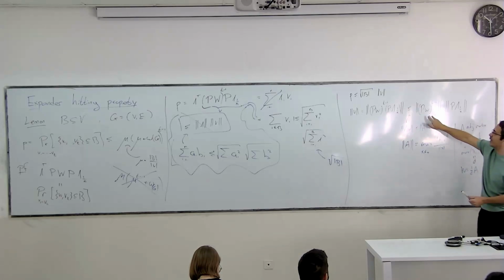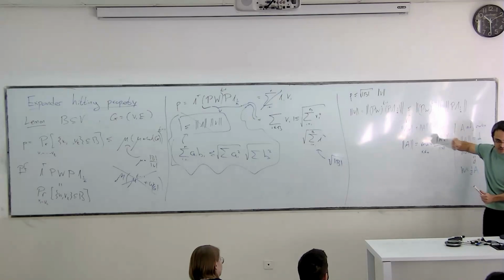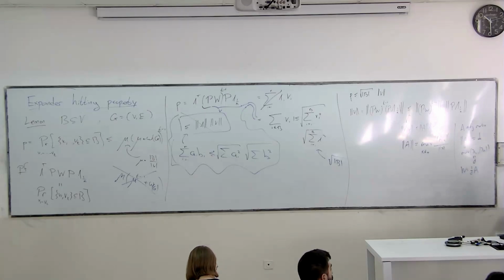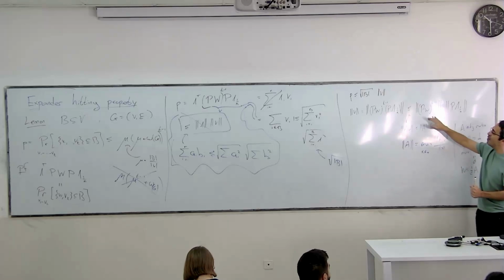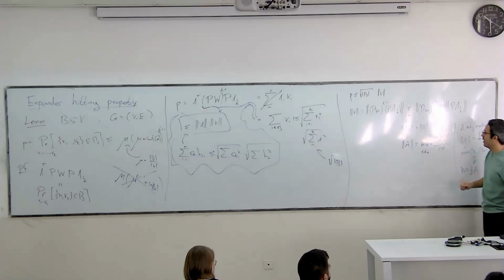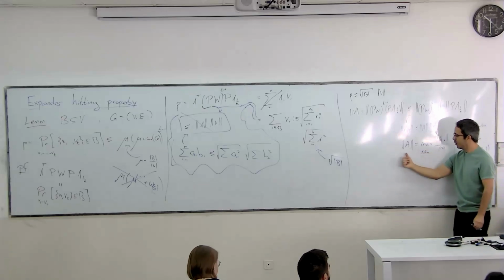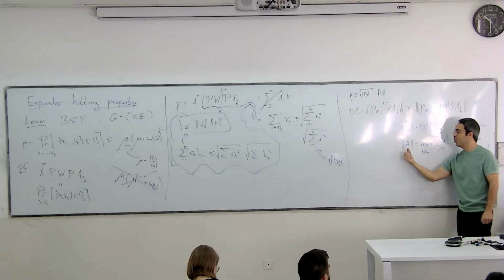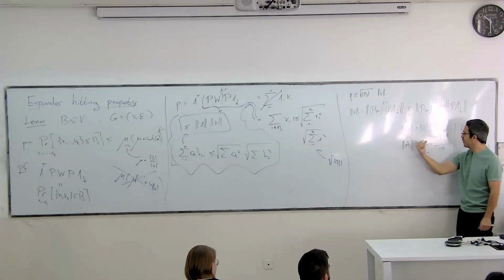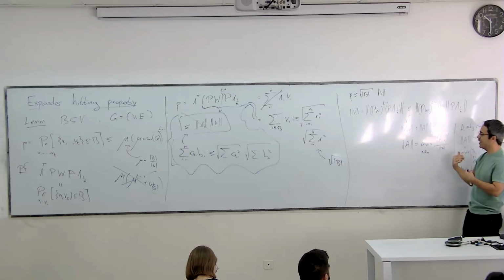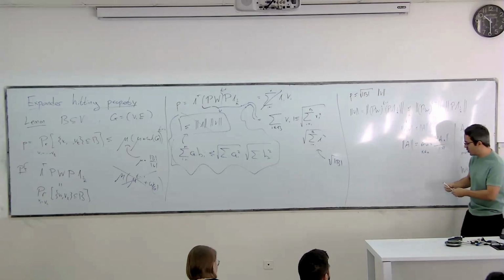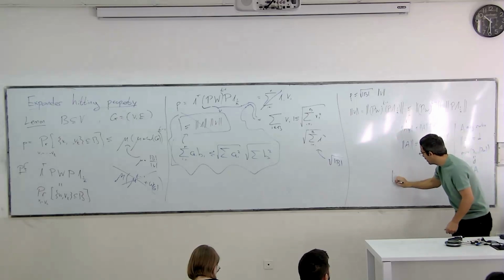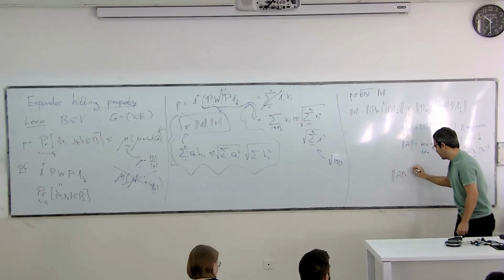But this is not what we're looking at. We're looking at PW. It's another one. Good, it's really important. Not every norm is multiplicative, but every norm on operators which is induced by norms of vectors is multiplicative, which means, and we'll use it in a second, that this holds.